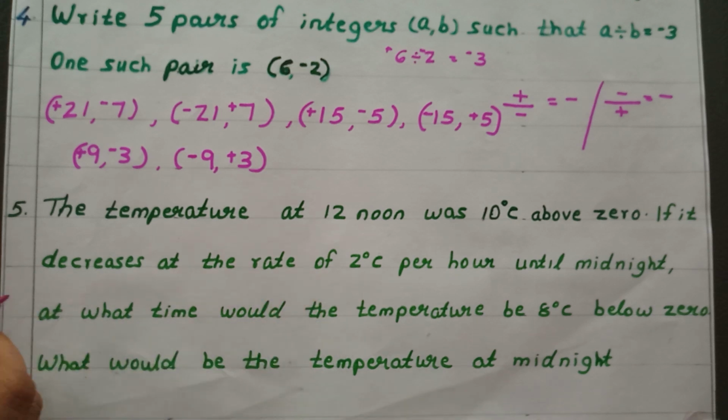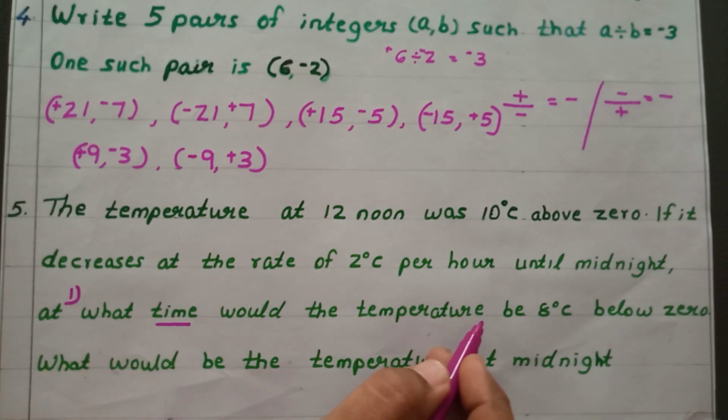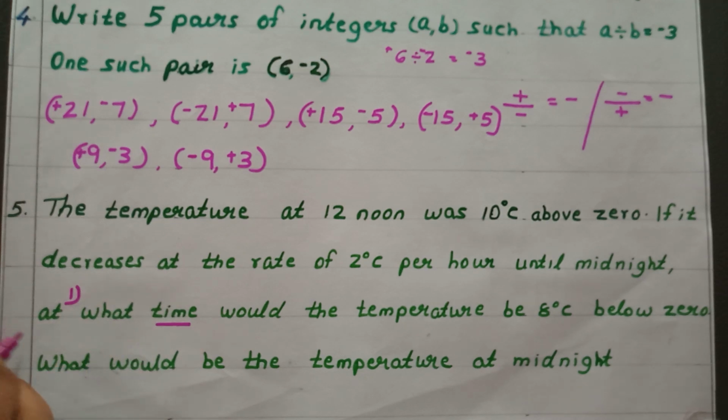First, we have to find out the time at which the temperature will be 8 degrees Celsius below 0. And next, what would be the temperature at midnight?